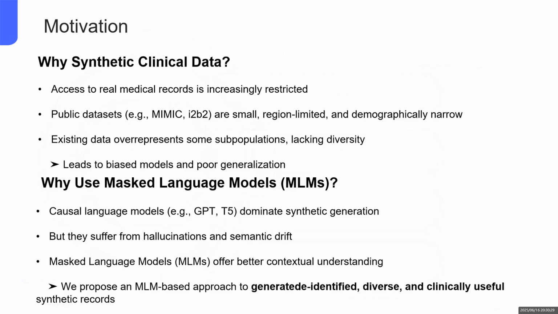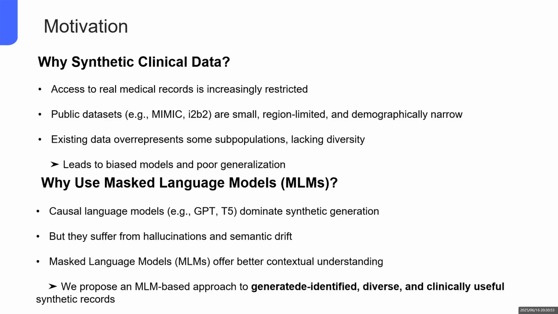As a result, these datasets tend to overrepresent certain subgroups while lacking diversity in others, leading to biased models and poor generalization. To address these issues, we aim to generate de-identified clinical records that are more diverse, stable, and privacy-preserving.